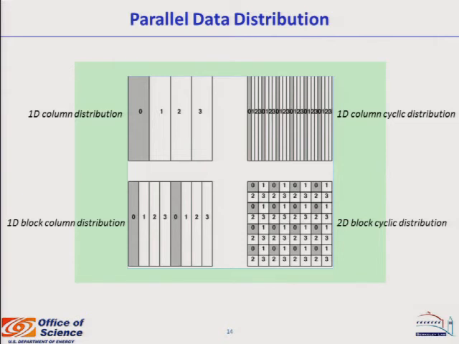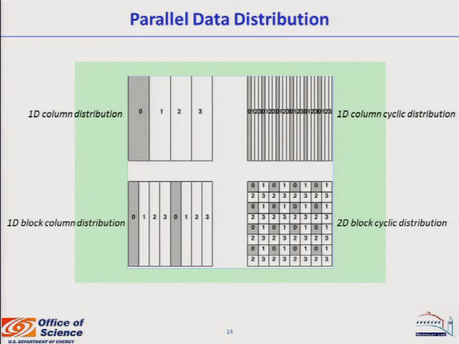Core 0 takes this column, core 1 takes this, and so forth. If you have more columns, in this case 6 times 4, 24 columns, I think, you could distribute the columns like this: 0, 1, 2, 3, 0, 1, 2, 3, 0, 1, 2, 3, and so forth. And we call that one-dimensional column cyclic distribution.